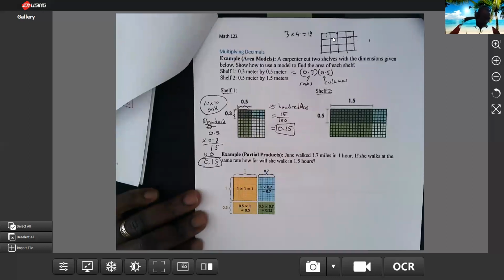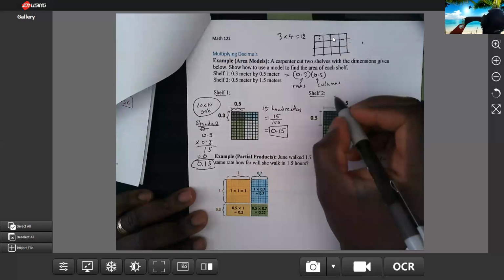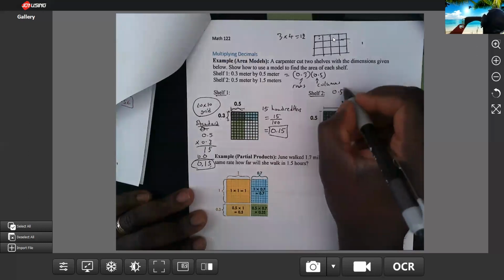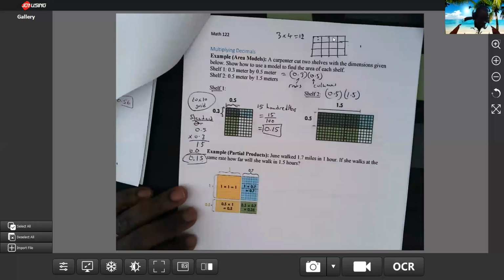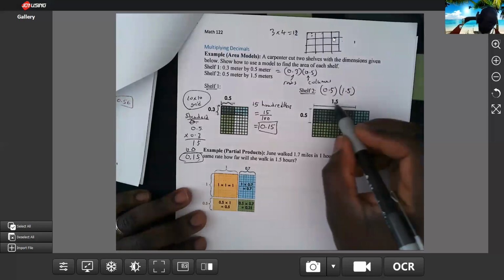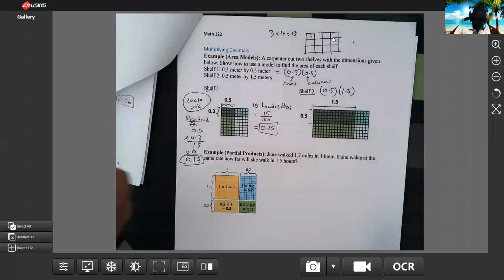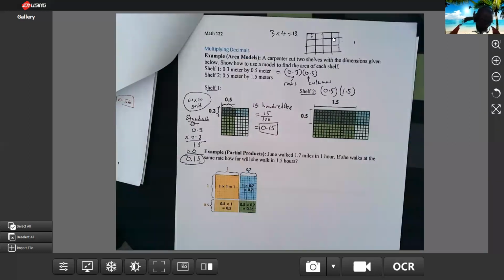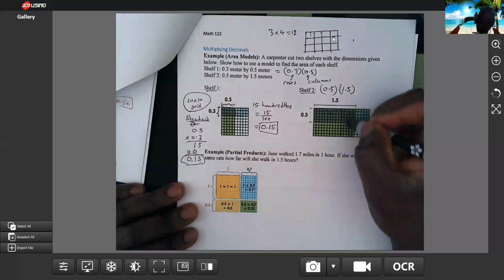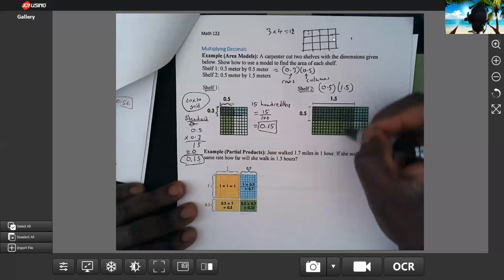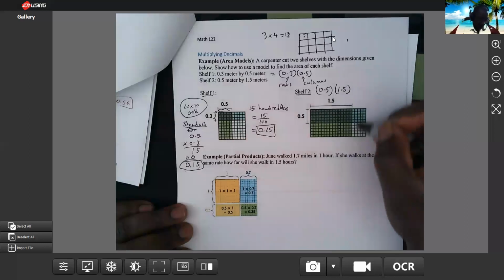The second shelf, we have 0.5 times 1.5 on 10 by 10 grids. This 1.5 means you have one 10 by 10 grid and then another one. You are shading the whole one, and then a half of the other one.